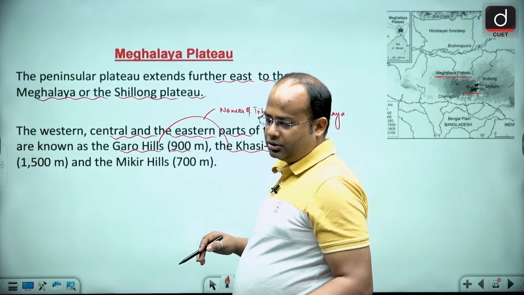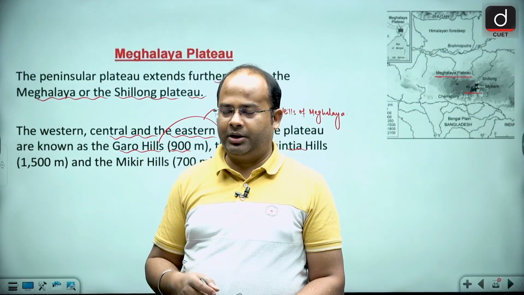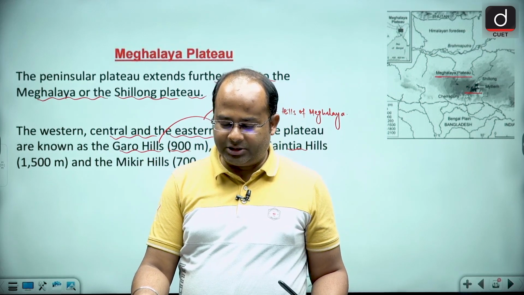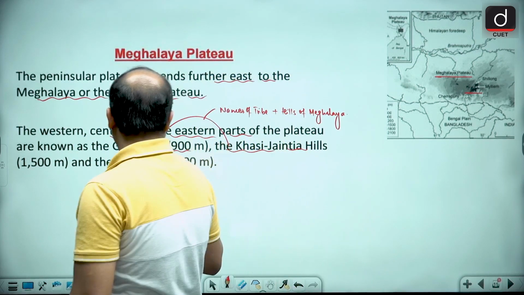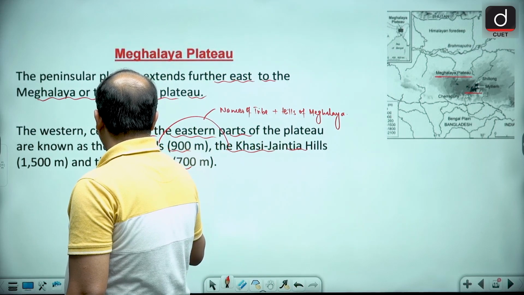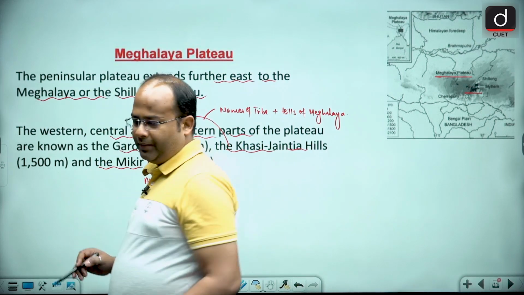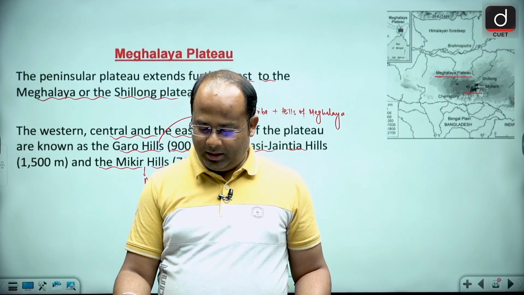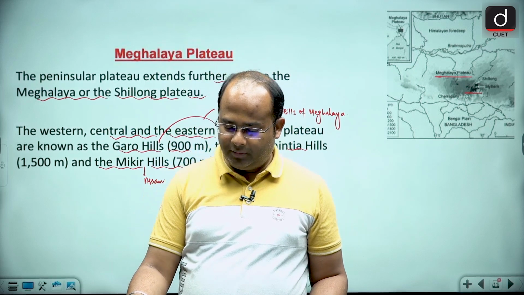They are the hills of Meghalaya, and due to this, the winds that carry moisture hit the place, so rainfall starts. And other than this, we have the Mikir Hills. Mikir Hills, guys, are in Assam. This Mikir Hill is located in the state of Assam, south of the Kaziranga National Park and the easternmost part of Meghalaya.